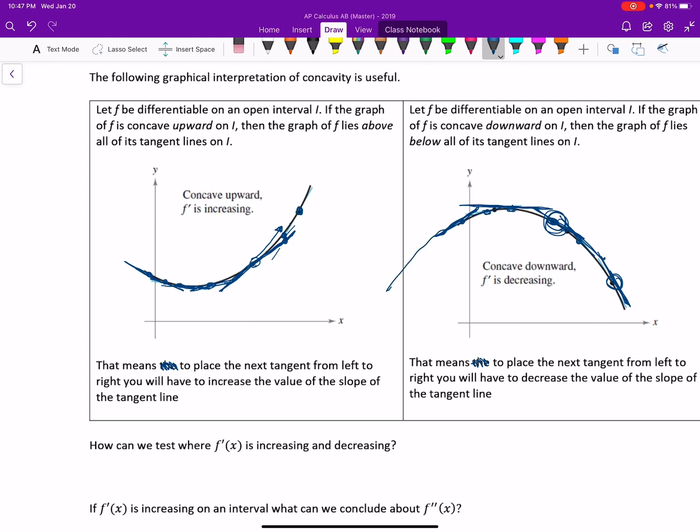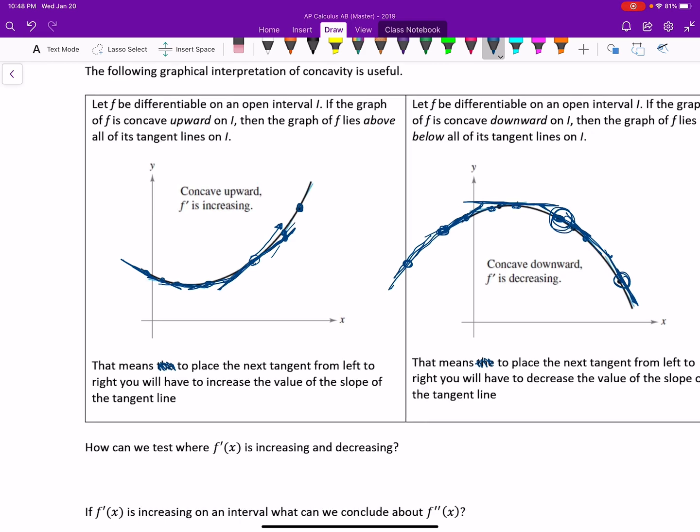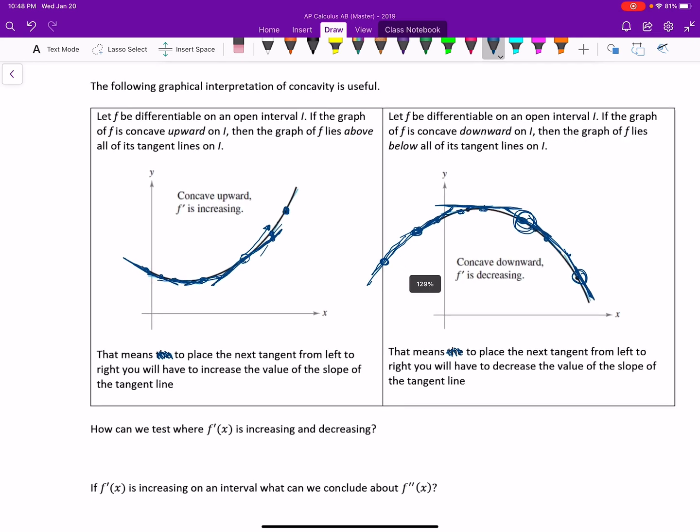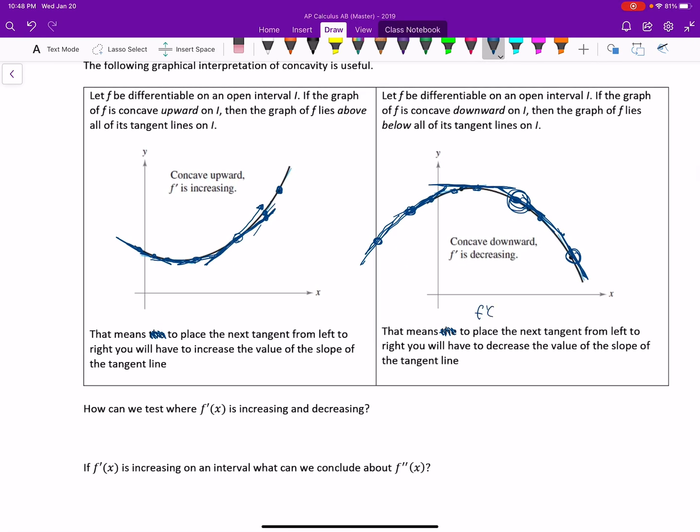On this side I have slopes that are positive, but as I move the point of tangency to the right, the slopes become less steep until we get to 0, and then start becoming negative. So the values of the slopes are decreasing. In other words, f prime of x is decreasing. And over here, f prime of x is increasing in value. That's just to show you how they relate to one another.